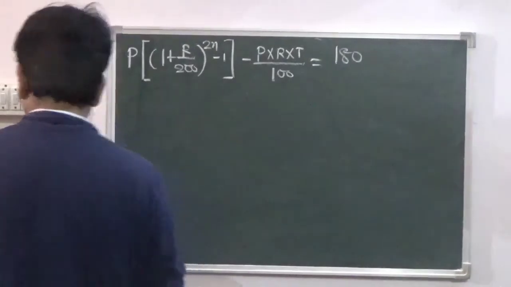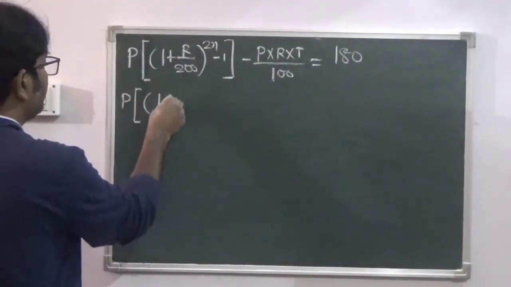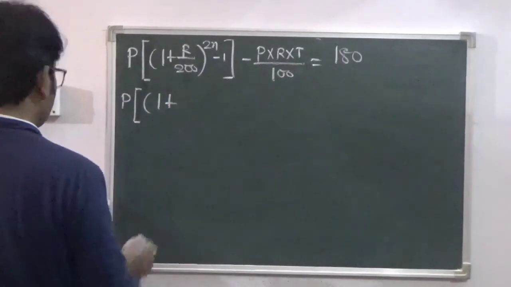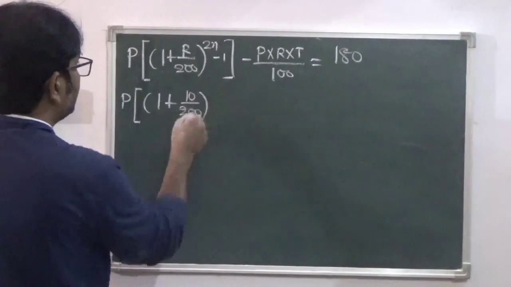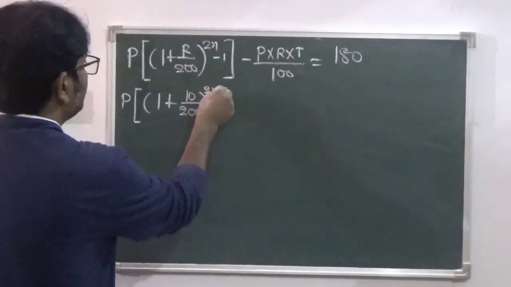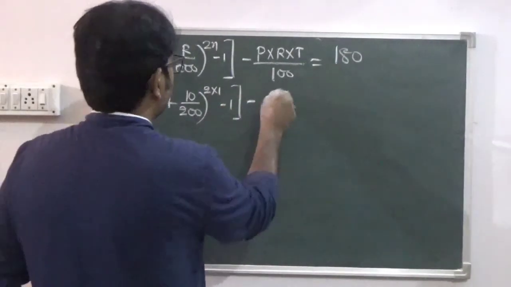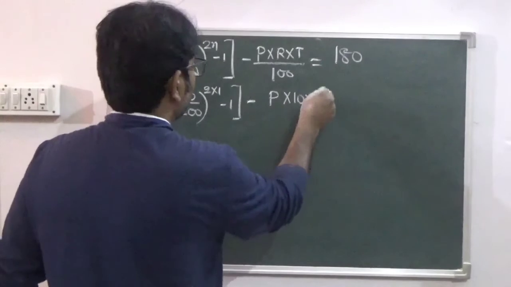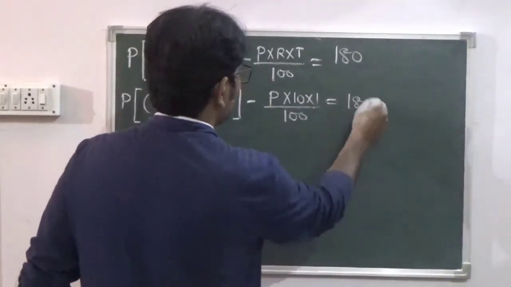We need to find the value of P. So P into (1 plus 10 by 200) to the power 2, minus 1, minus P into 10 into 1 by 100, equals 180.